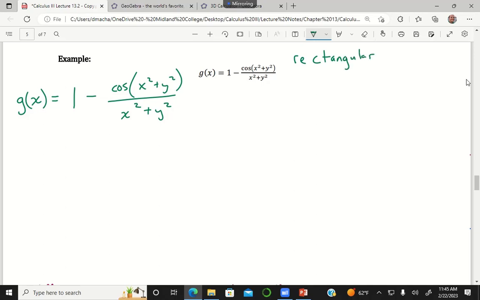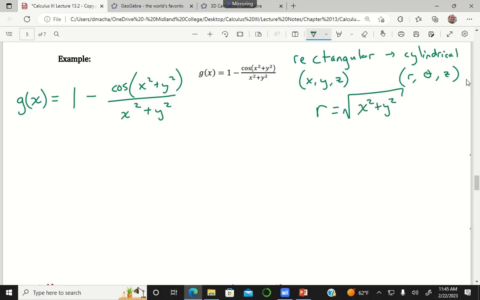The conversion from rectangular coordinates, x, y, and z, to cylindrical coordinates, which is r, theta, z, goes like this. You say r is equal to the square root of x squared plus y squared, tangent theta is y over x, and z is z.